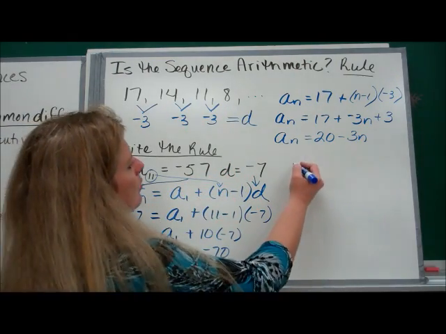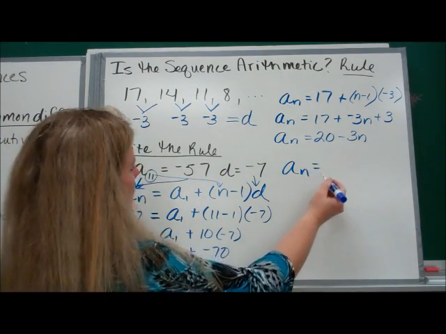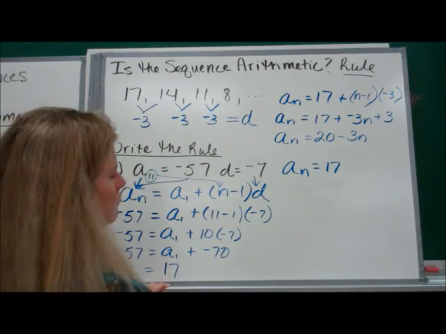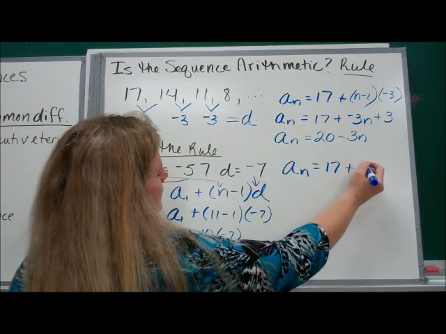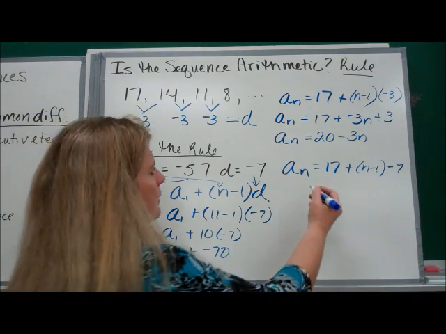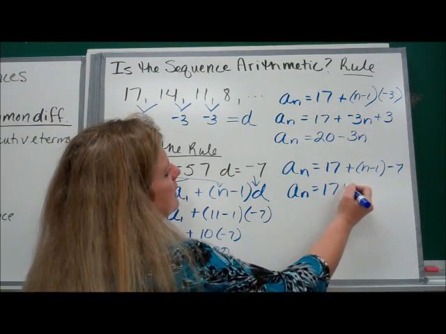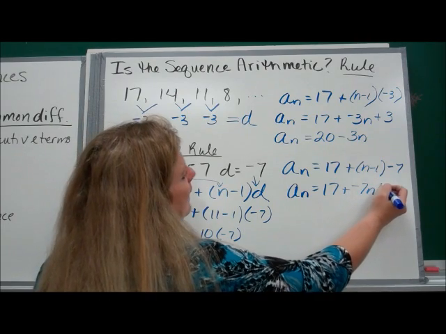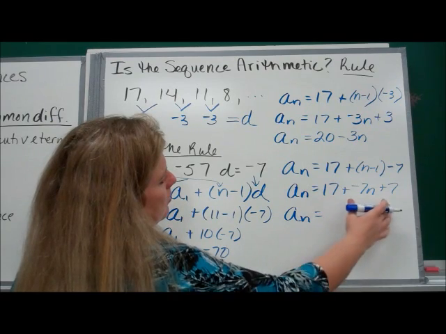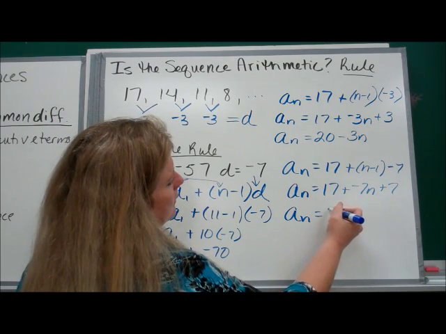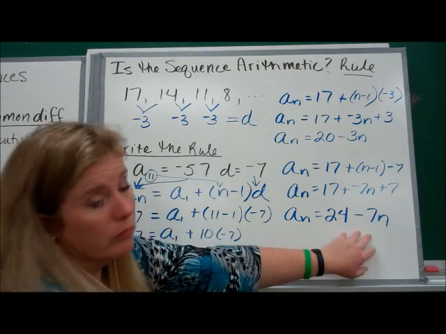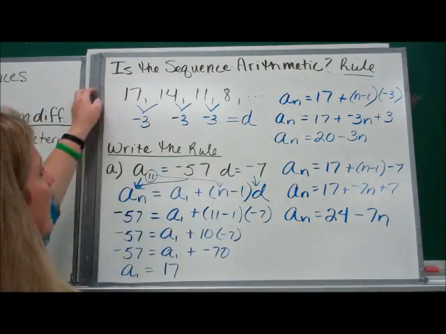That's everything we need. a sub n equals 17 plus n minus 1 times negative 7. Do the math: a sub n equals 17 plus negative 7n plus 7. Add those two: a sub n equals 24 minus 7n. So your nth term, or the rule, is 24 minus 7n.